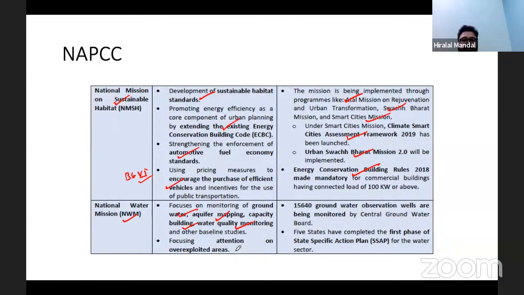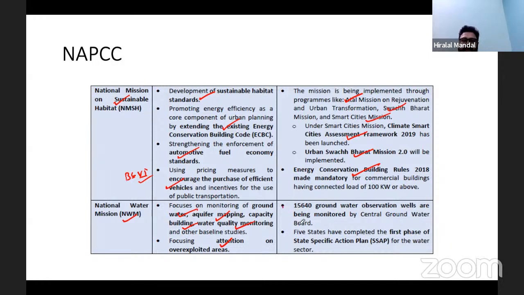It also aims at shifting the attention to overexploited areas. We have already seen the overexploited areas in the country, more importantly, overexploited groundwater areas. So what is the development with respect to the National Water Mission?